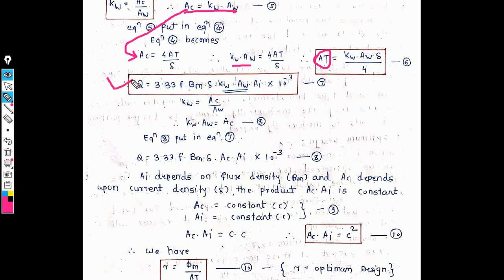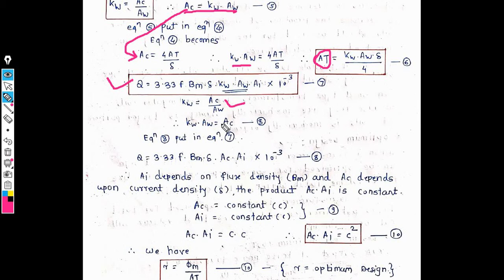Also in this equation the window space factor is a very important parameter. That is KW is equal to AC upon AW. Then rearrange the equation for AC, AC is equal to KW into AW.